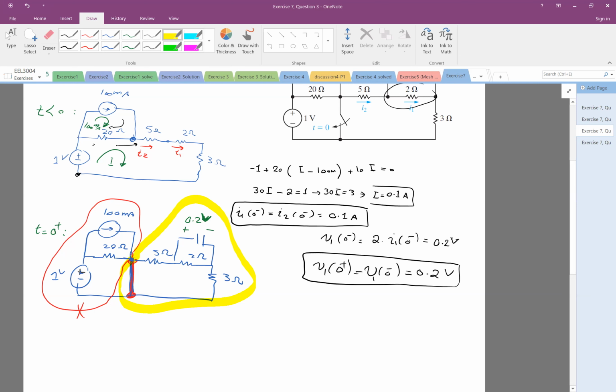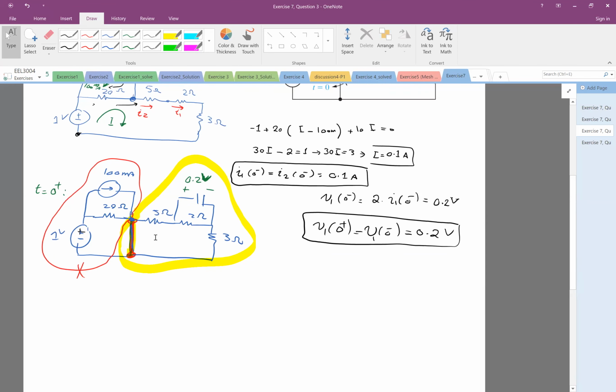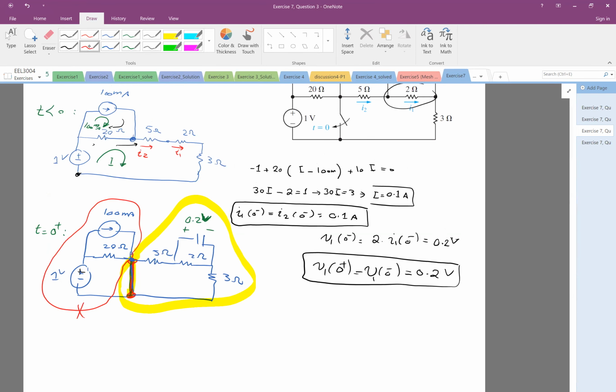Again, this is because the left side is just shorted, so the voltage across that is 0. And so basically we are left with this small circuit here. And I want to find, again, I1 and I2 at this time.